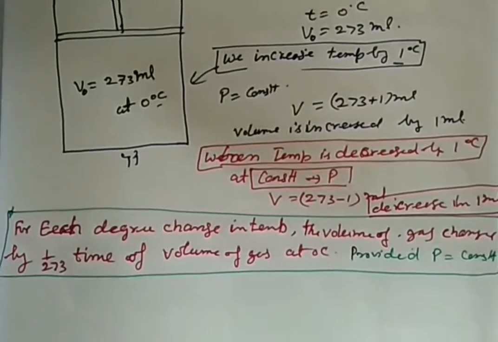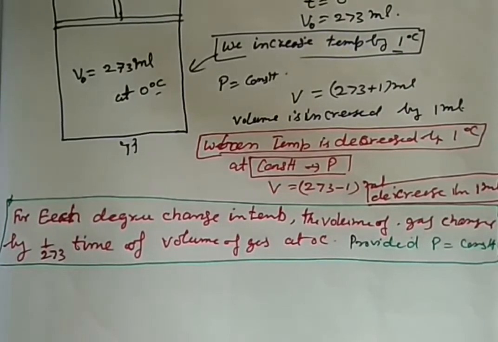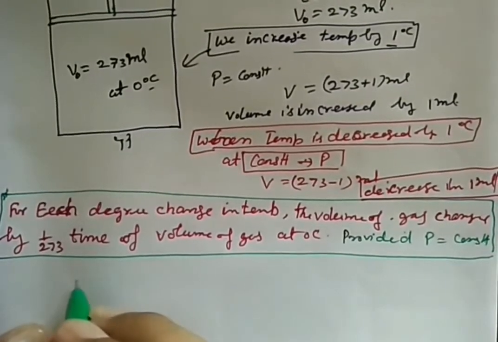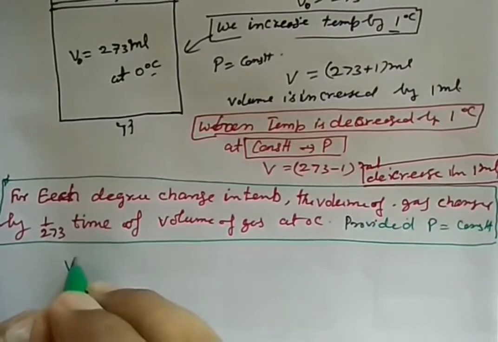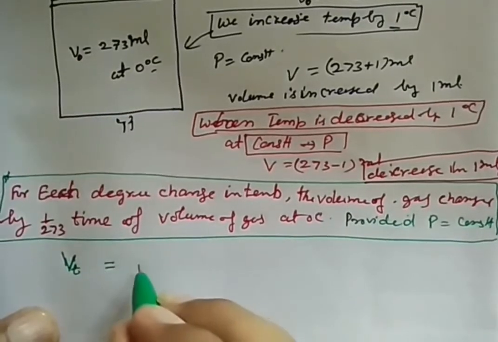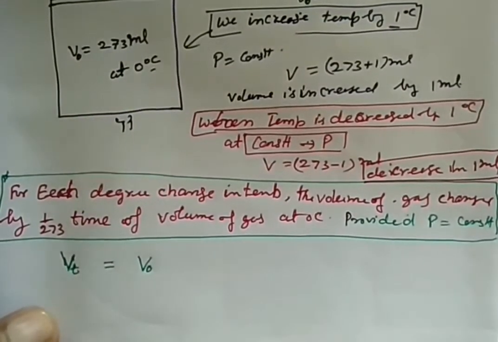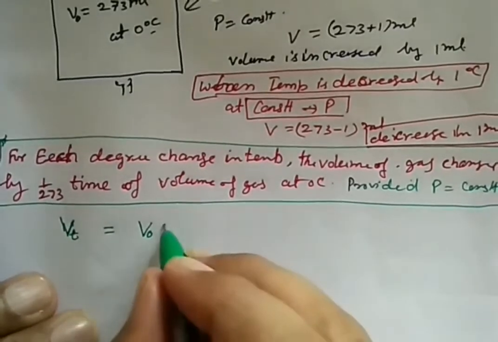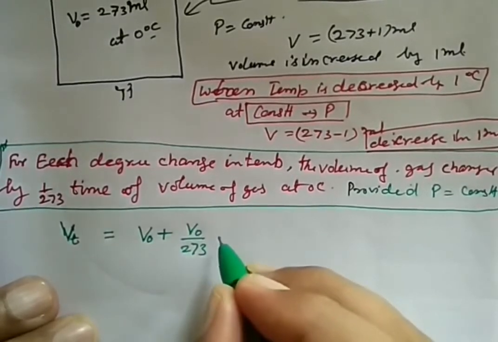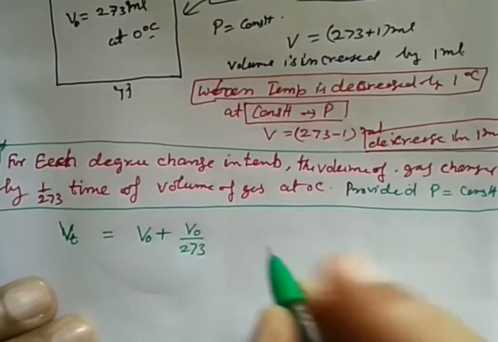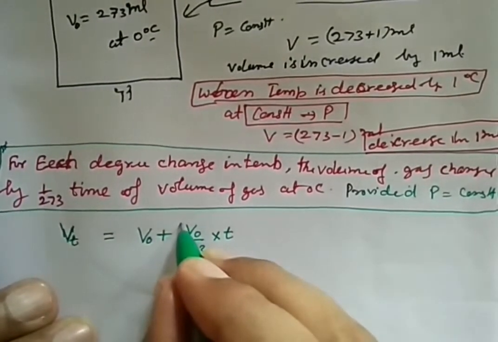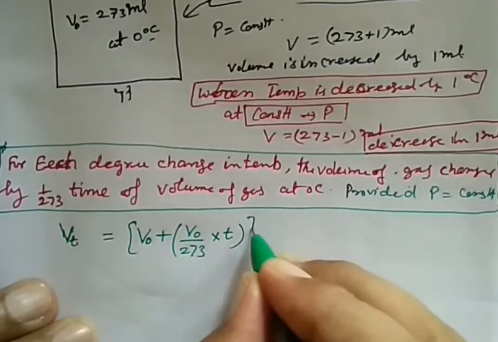This conclusion can be written in mathematical form, in which let Vt denote the volume of gas at T degree Celsius, equal to the volume at 0 degree Celsius plus V0 by 273 times the volume increase for each 1 degree Celsius increase in temperature. So T is multiplied here.